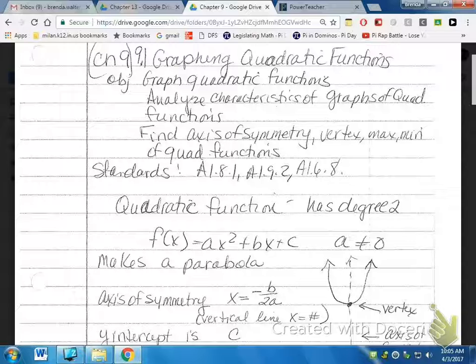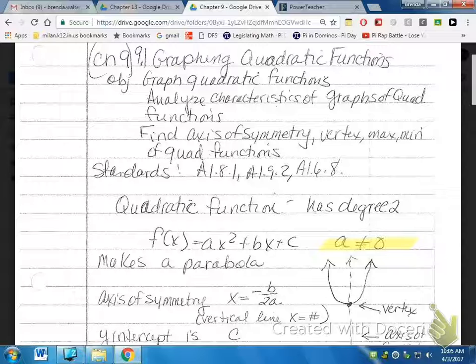But I can tell you that b and or c could be zeros, okay? So those terms might not be there, but you would still have a quadratic function. So this part right here, please don't leave that out. A cannot equal 0. If it did, it wouldn't have a degree of 2. That term would be gone.